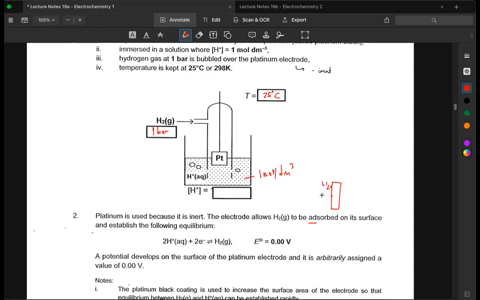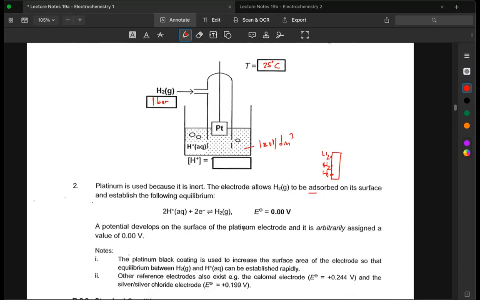Something like this, if you want to imagine it. So when the hydrogen is adsorbed, it loses electron to form H plus. But of course, at the same time, simultaneously, the H plus in the electrolyte will also get reduced. So there's this dynamic equilibrium occurring.